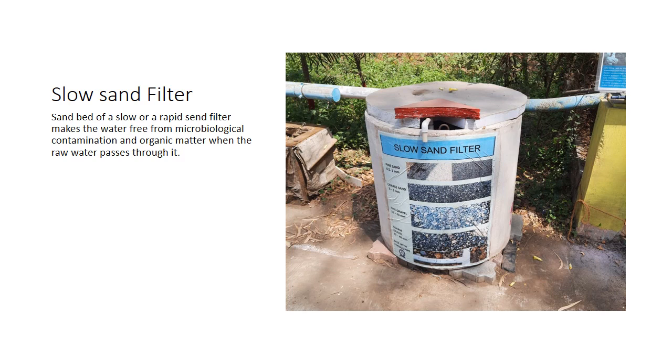You can see that the graded sizes of gravel and sands are set to prepare a sand bed. Raw water passes through this sand bed, and at the outlet we would have clean potable water.